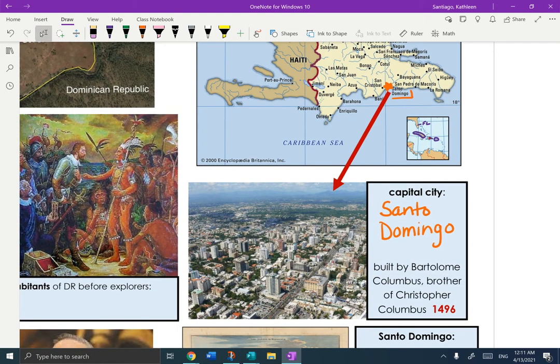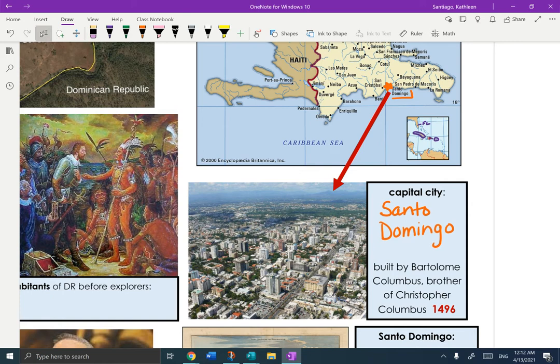It was built by Bartholomew Columbus, who was the brother of Christopher Columbus. The city was established in 1496. Remember, Columbus sailed to the Dominican Republic and arrived on December 5th of 1492.